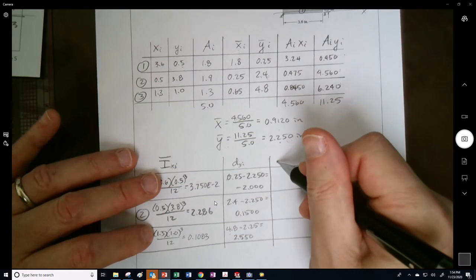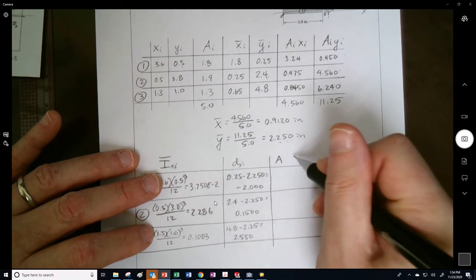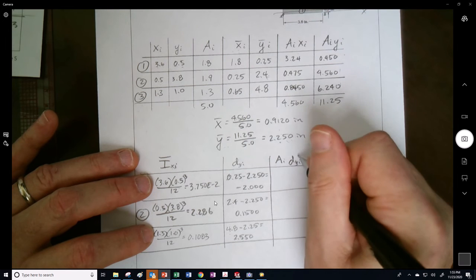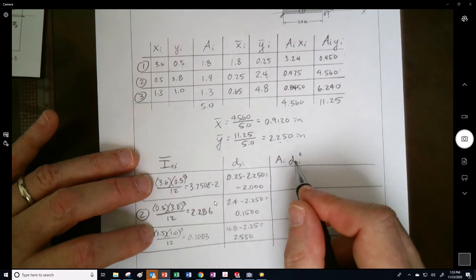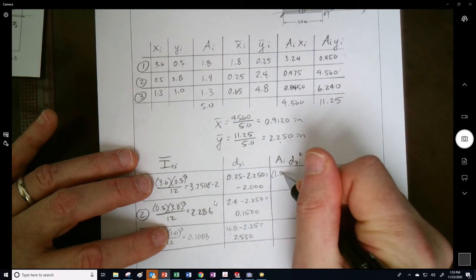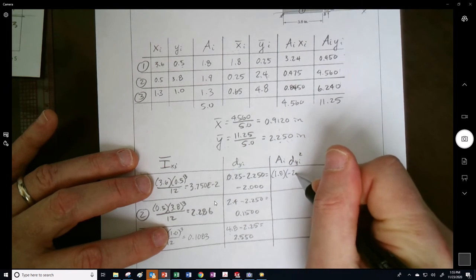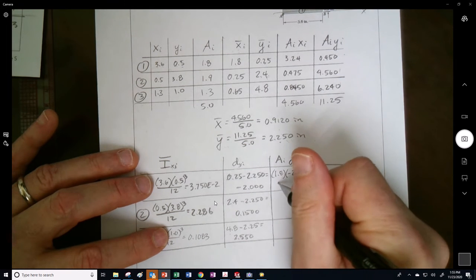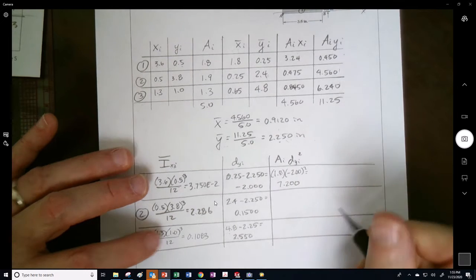Now what we want to do is take the area of each piece and multiply it by the distance that it's got to move, but it's got to be squared, right? So it's 1.8 times negative 2 squared. We find that's going to be 7.20.